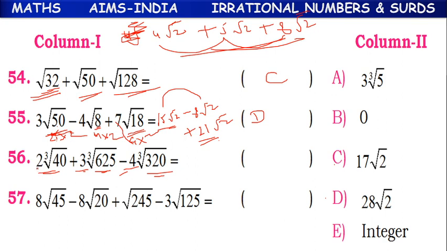Cube root means what will we be having? 40, is there any possibility of writing like a cube? We can write 40 as 8 into 5, where 8 stands for 2 cube. 2 cube means 2 will go out. 2 times 4, it will become 4 into cube root of what is remaining.